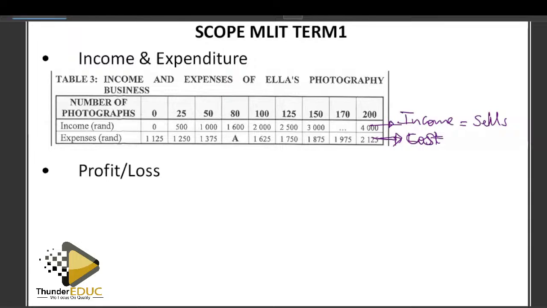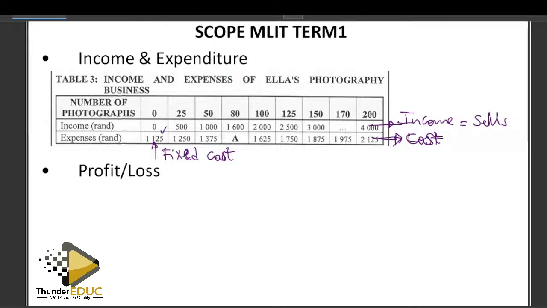The reason is because you start earning after selling. Whereas the expenses, you've already spent even before you sell. And this is called the fixed cost. No matter what, you have to spend that.